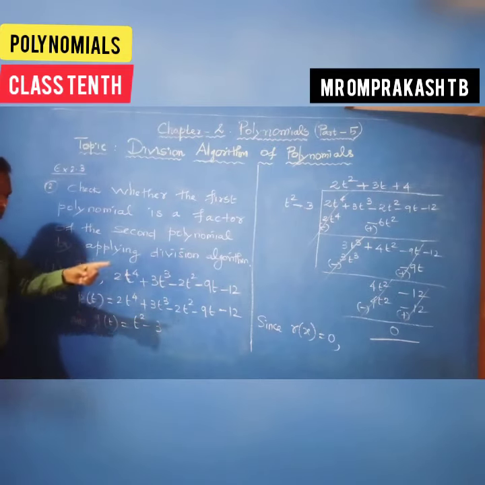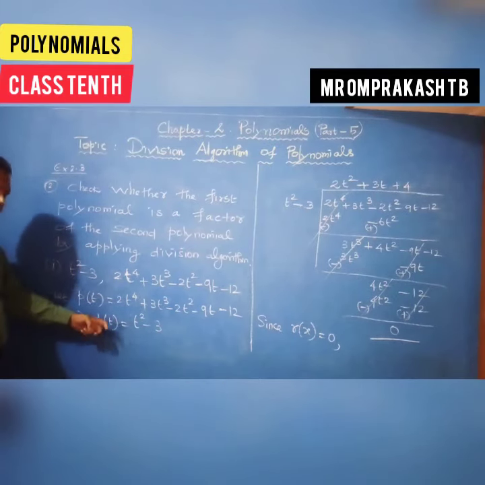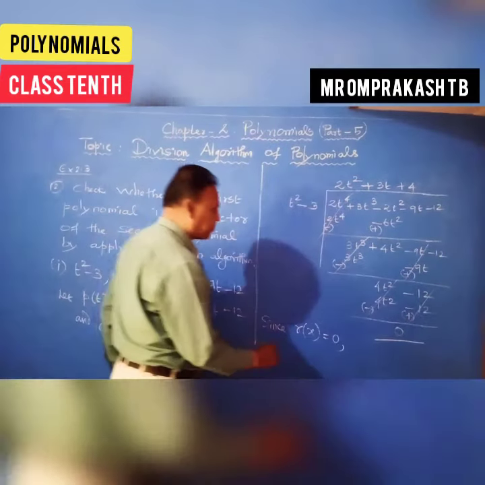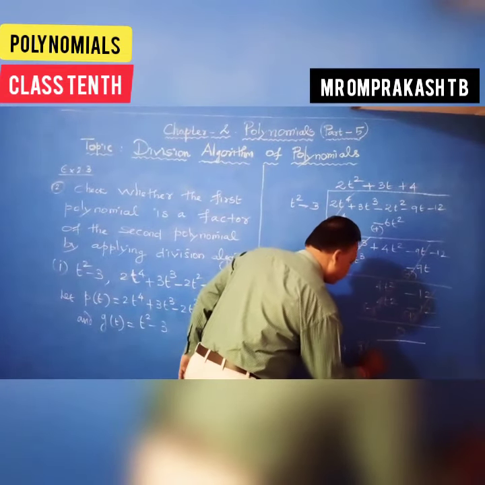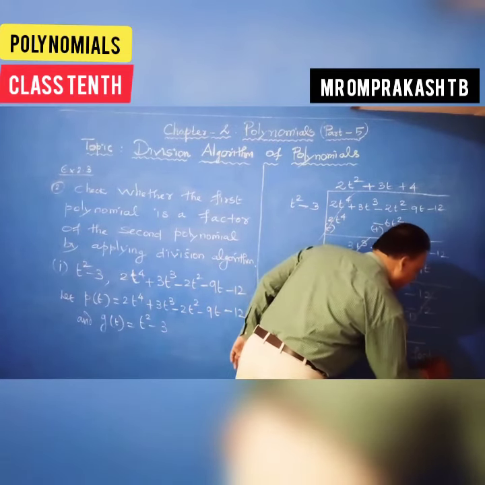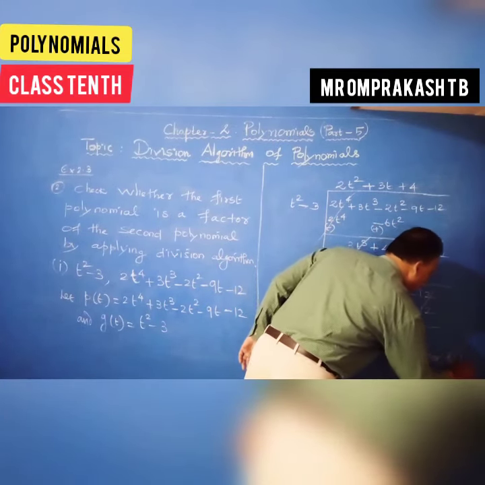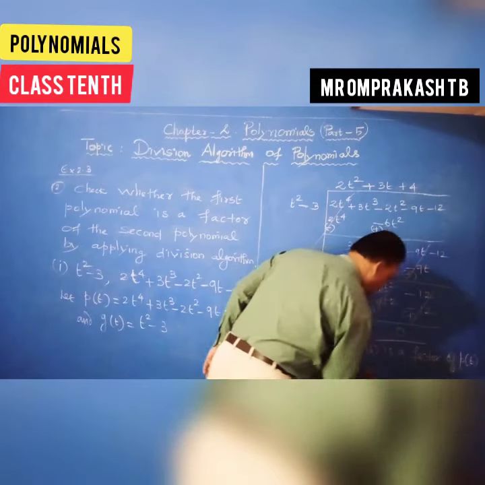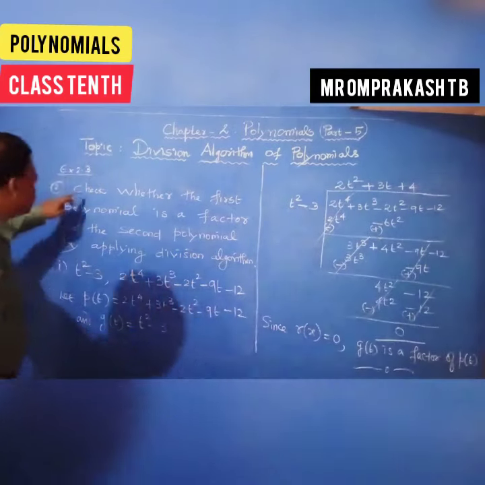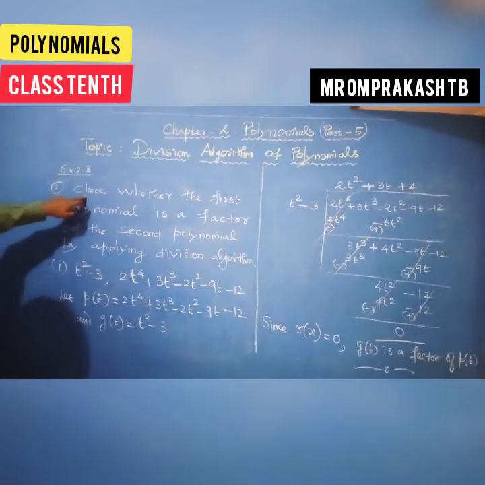If r of x equals 0, then g of t is a factor of p of t. That is the only question asked: check whether it is a factor or not. Yes, it is a factor.